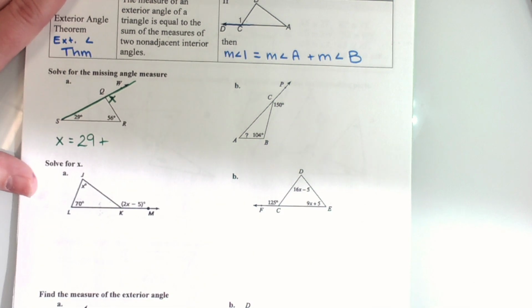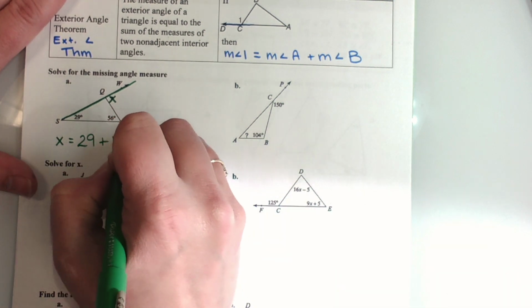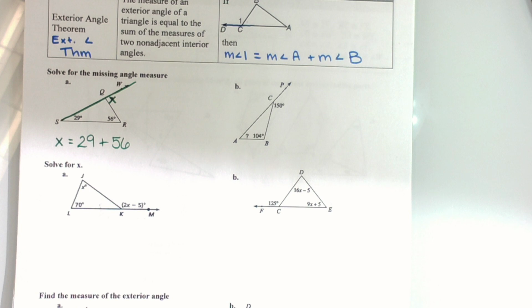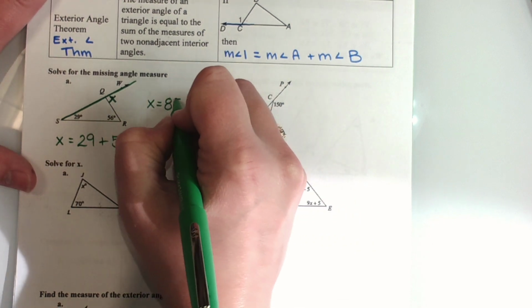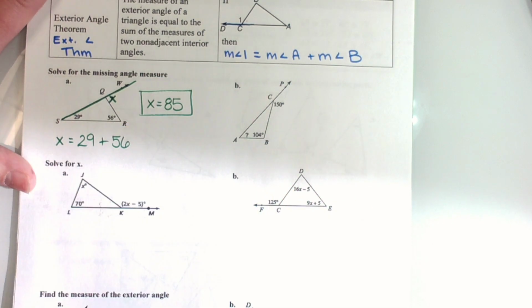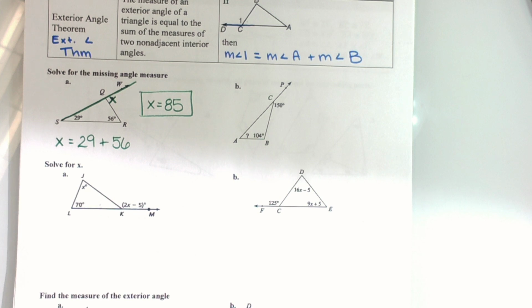What about the 56? No, it goes into the equation. X is equal to whatever 29 plus 56 is. 85. X equals 85. Exterior angle theorem, especially in these ones, is not bad.